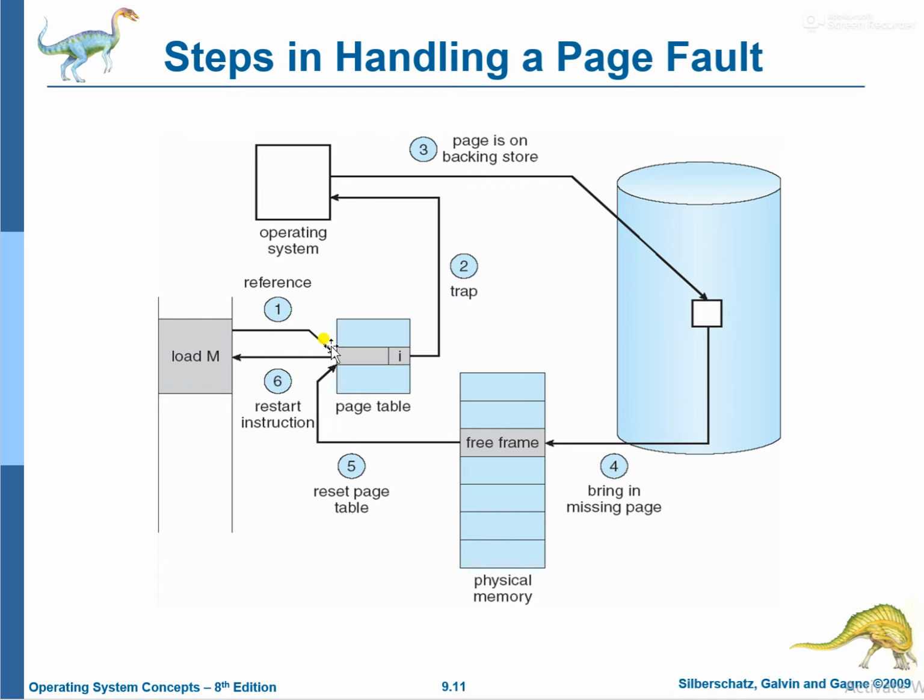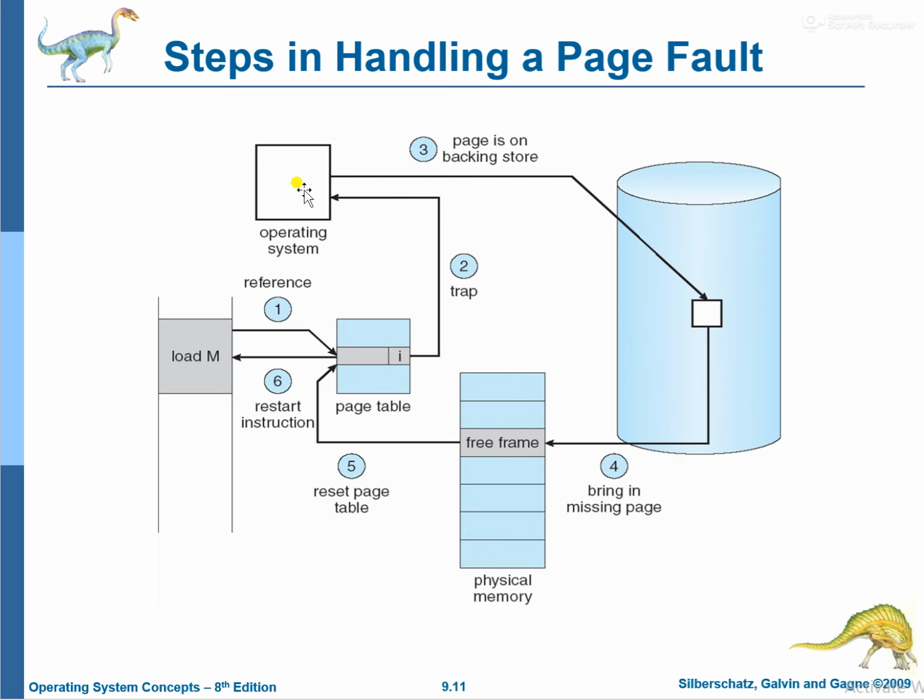When it checks the page table, it finds that the corresponding entry is invalid. So if it is invalid, a trap will be generated and control will go to the operating system. The operating system will check the internal table and find out whether this reference is valid or invalid.